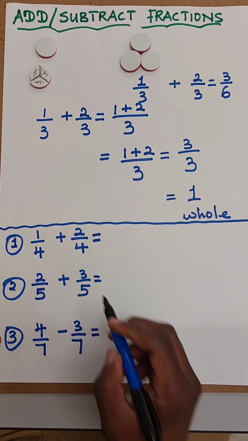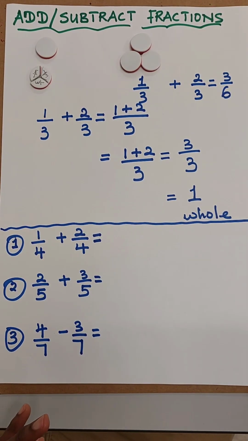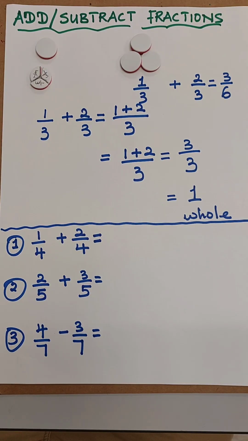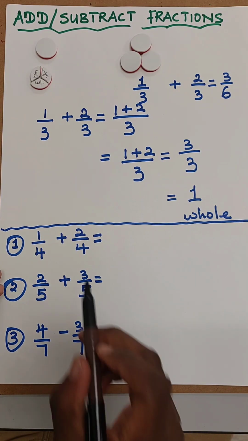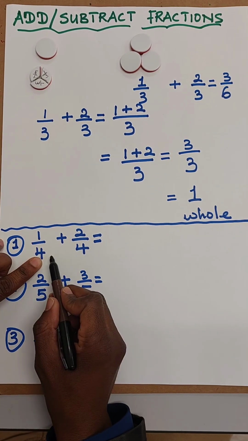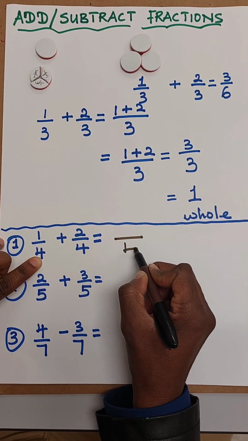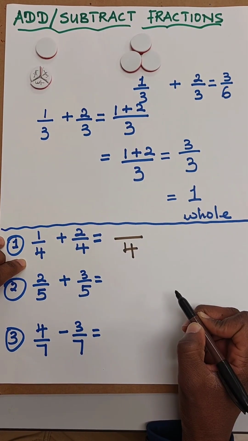Okay, so now that we have reconstructed that knowledge that a fraction is part of a whole and that whole is expressed in the denominator, so it is the same whole. We're not dealing with two different groups here. It's the same group of 4 items. So it is okay to put a fraction bar and say we are dealing with the same group of 4 items.